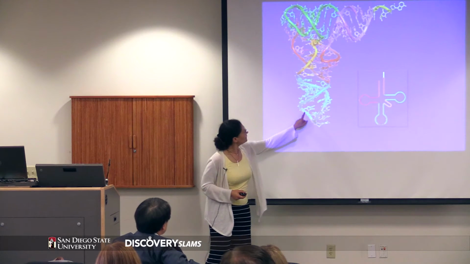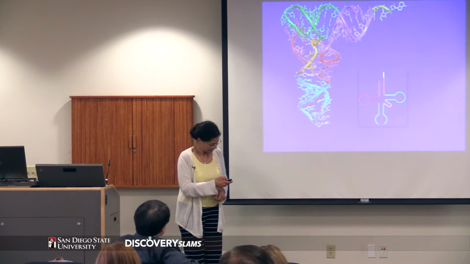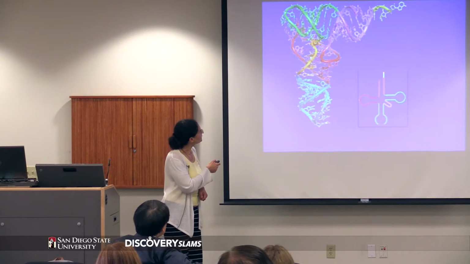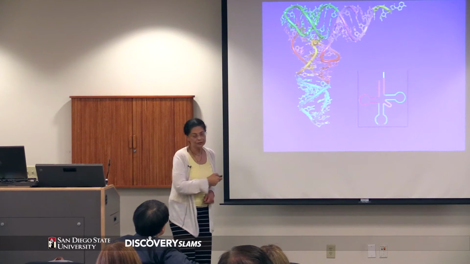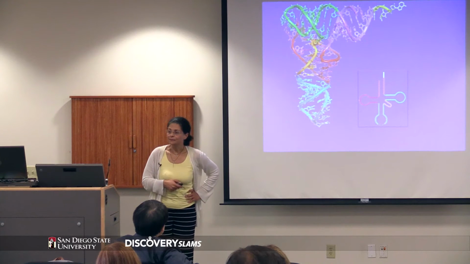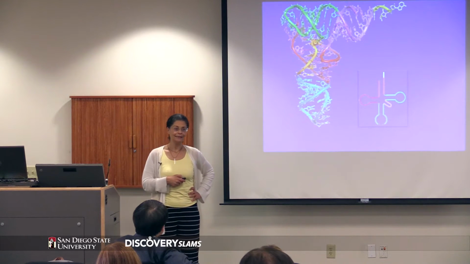What you see here, these little protrusions in this particular rendering of the molecule, are what we call nucleosides. These are the building blocks, the units that this molecule is made of.